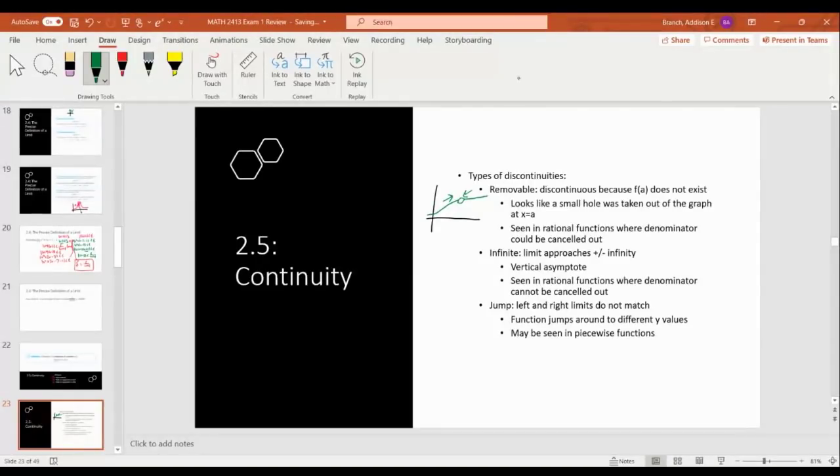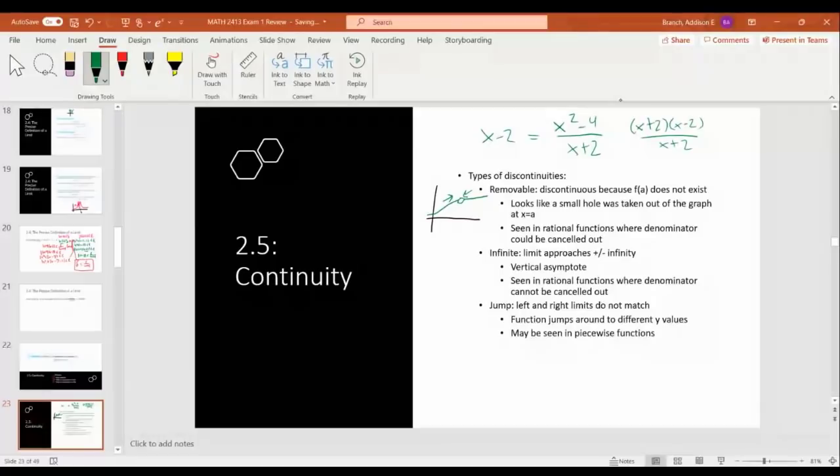So an example you may see would be x squared minus 4 over x plus 2. Hypothetically, you could think about this as saying we have x plus 2 times x minus 2 over x plus 2, and then say that this is equal to x minus 2.